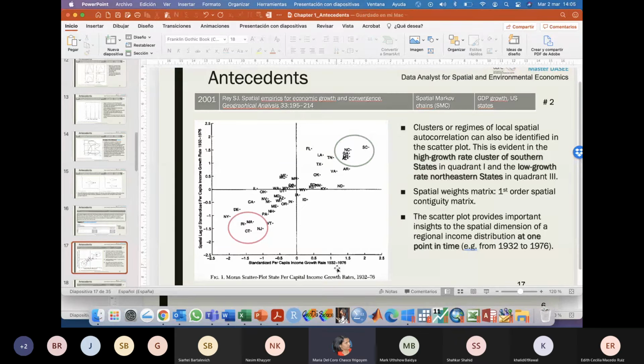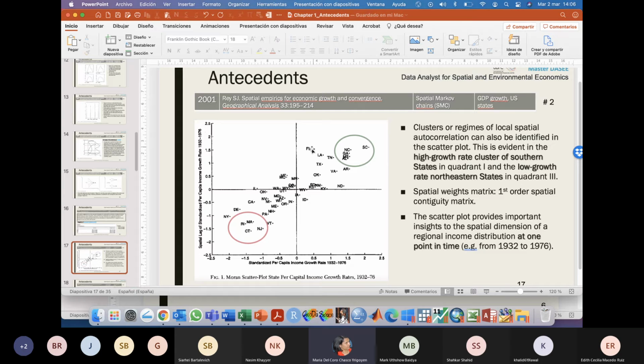And he also represents the spatially lagged value of these income growth rates, for the same period, 1932 to 1976. And we can make this analysis. So this first quadrant is the quadrant of high, regions with high growth rates. It is not now income levels, but growth rates.